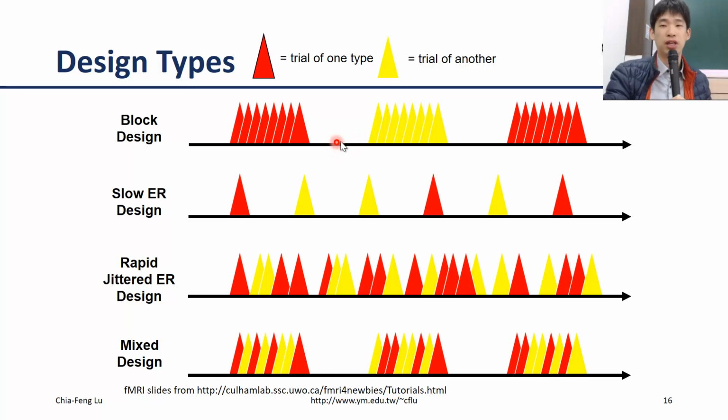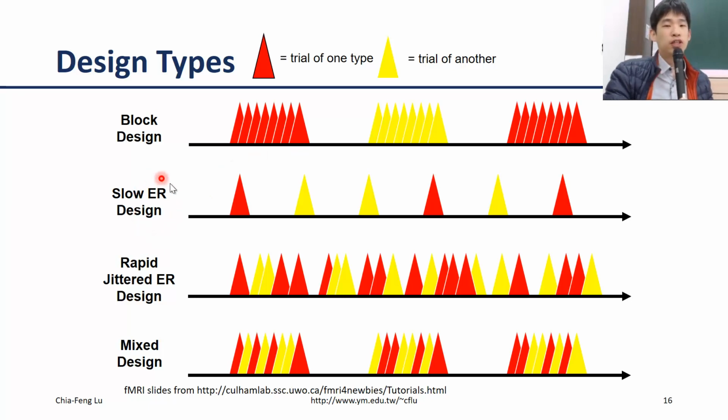Don't move, just relax your hand. And then for another 8 seconds, this is another condition, the left hand grasping. Okay, for another 10 seconds, then resting, then right hand grasping. So this is called block design. We aim to deliver the stimuli continuously to enhance the BOLD response.